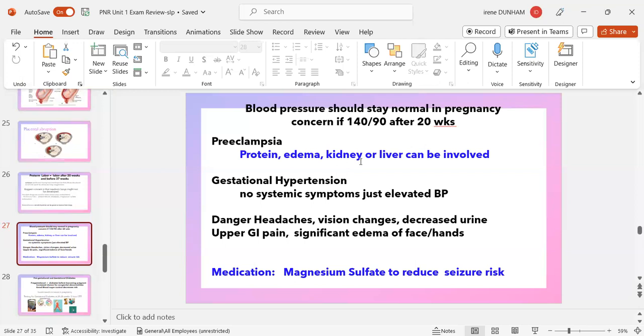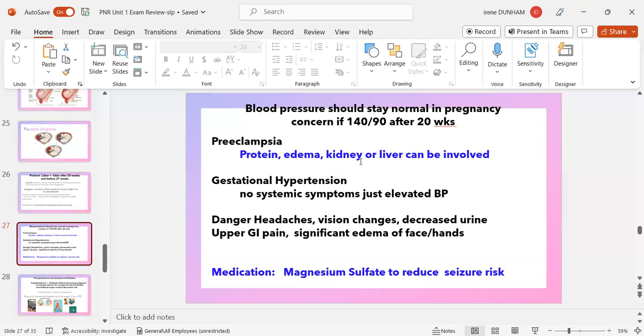All right. Now, it does affect the whole body, does it not? So the difference with the term gestational hypertension, which means hypertension acquired in pregnancy, is that there are no systemic symptoms. That means the kidneys are not involved, the liver is not involved. You don't have systemic problems.